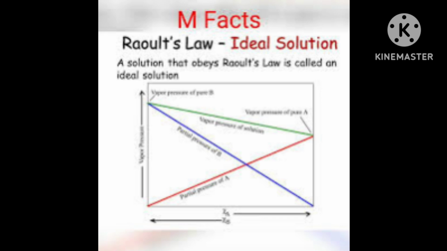Now what is the total vapor pressure? The total vapor pressure is equal to P1 plus P2.